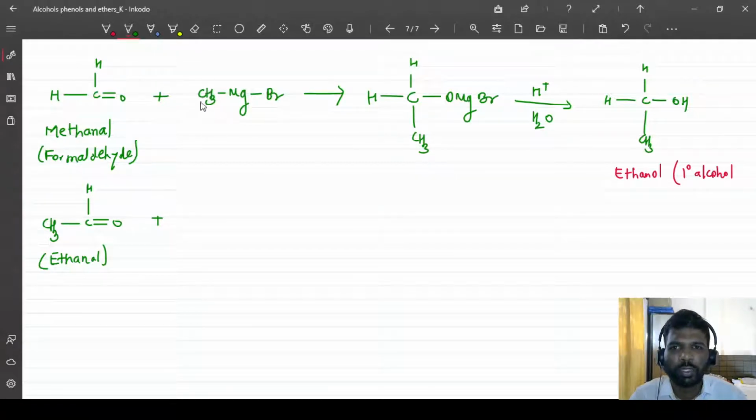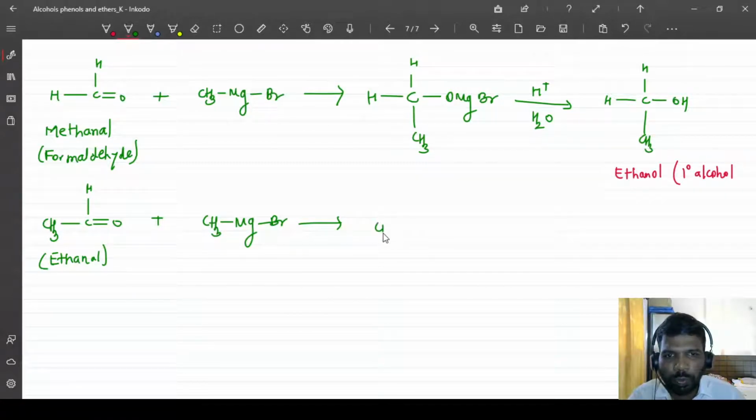You can choose ethyl, propyl, any alkyl group provided you can attach it to this carbon.